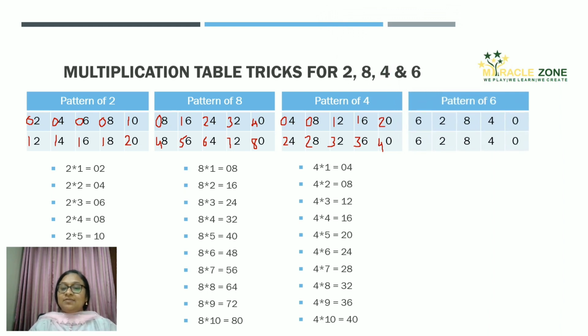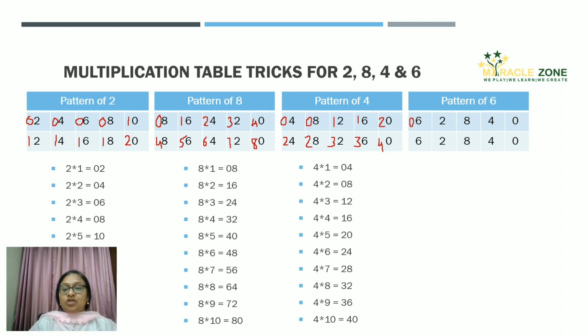6 is also the same as 4. See, 4 is 48260, 6 is 62840. So again, the same trick we can use here.